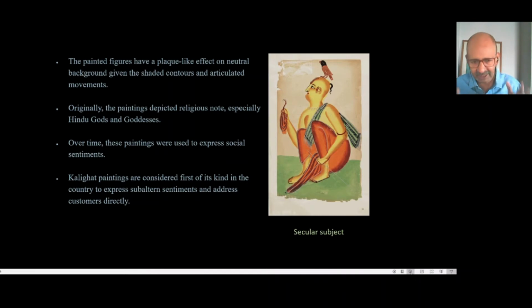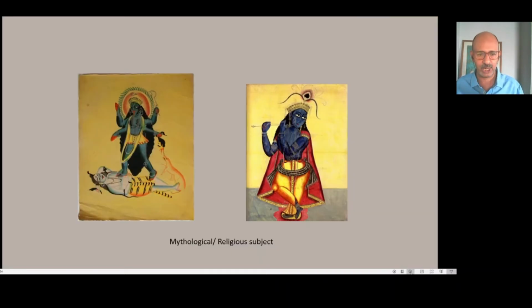So, Kalighat paintings are often considered to be first of its kind in the country to express these subaltern sentiments and also to address the customers directly, not through any patron.